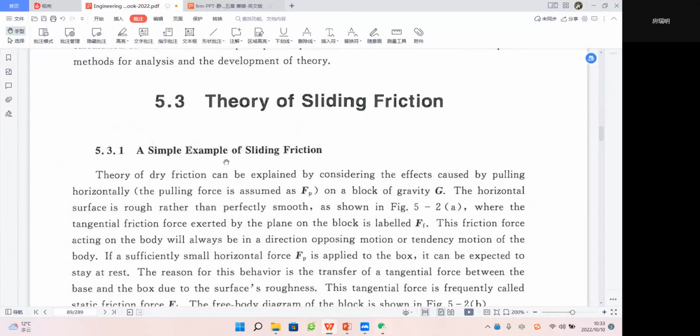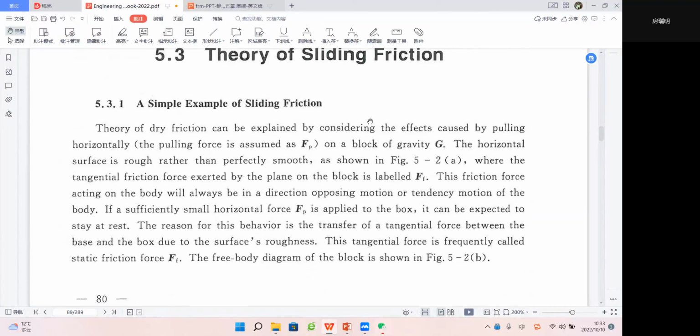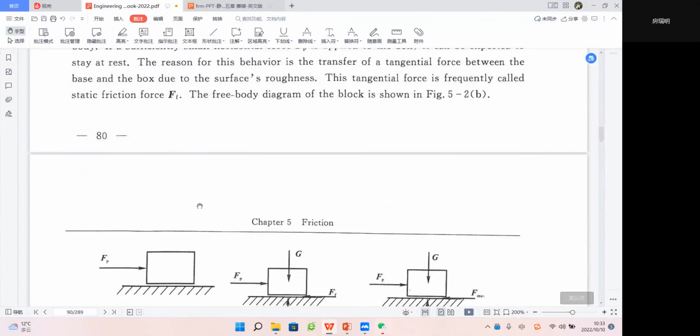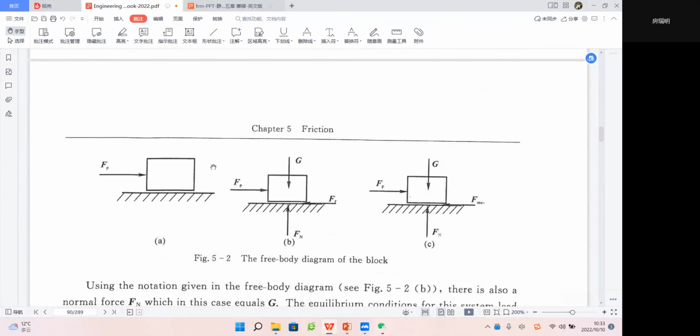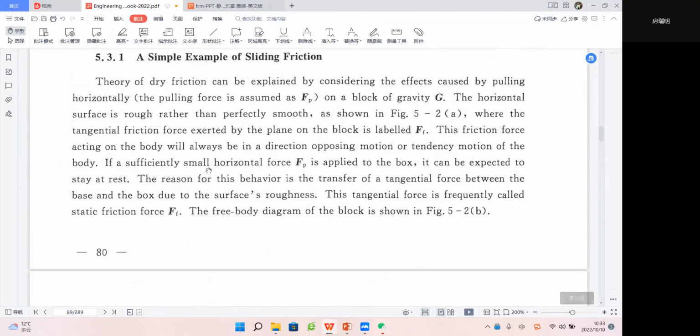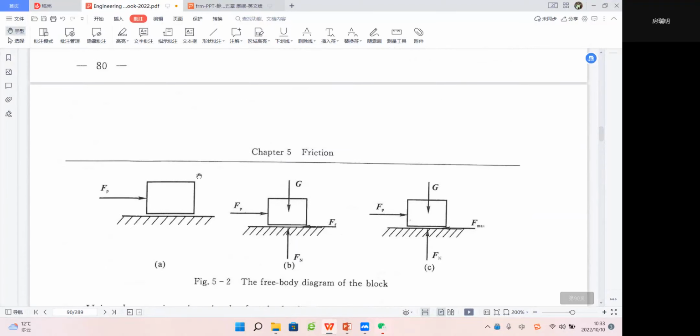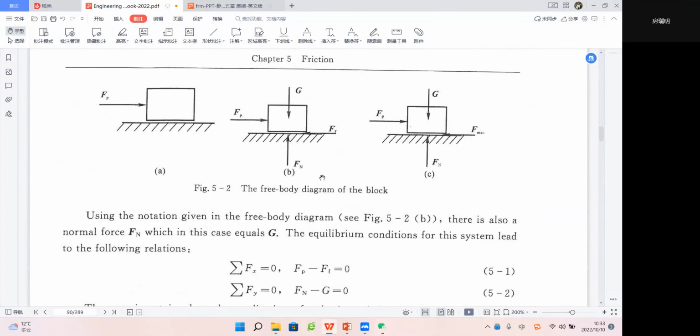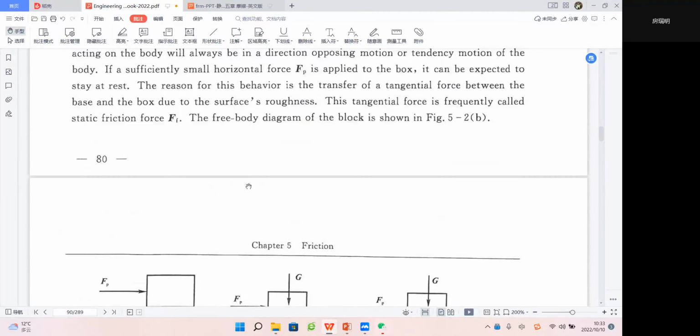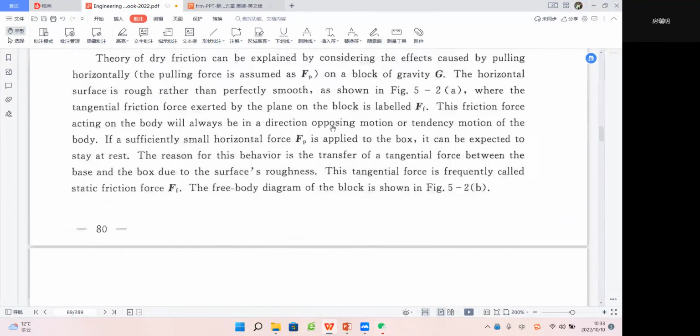Okay, so let's move to the third section, the theory of sliding friction. Actually, it has a lot of sentences here. If I read all this, it will take a lot of our time and be very boring. But we can just look at the picture to tell you guys how to find the sliding friction.